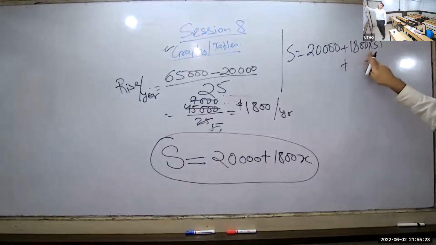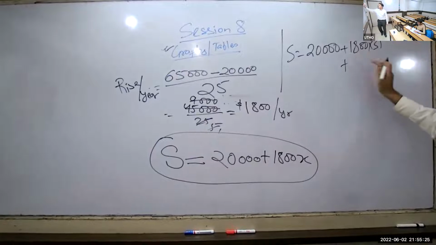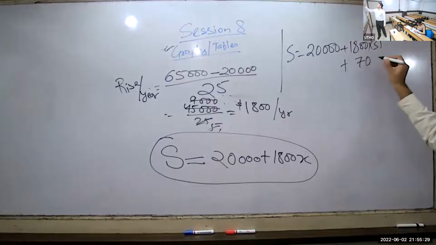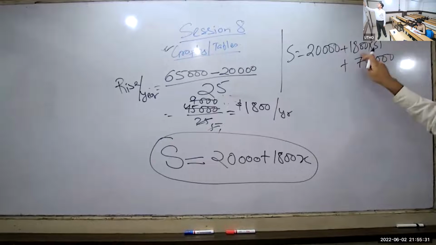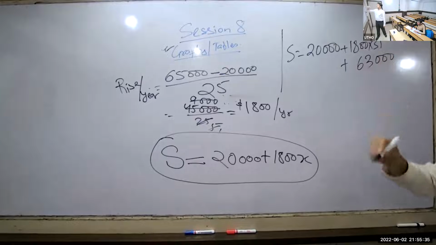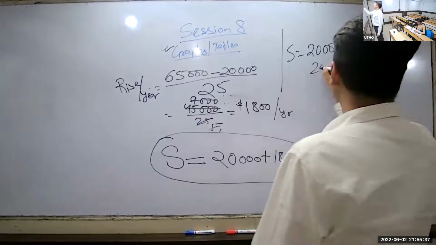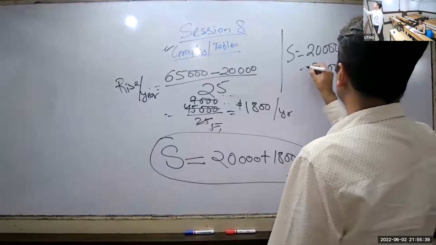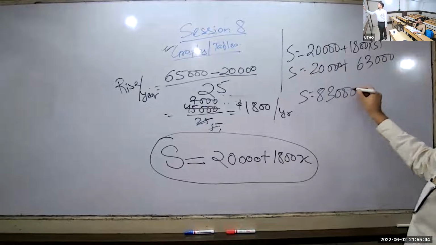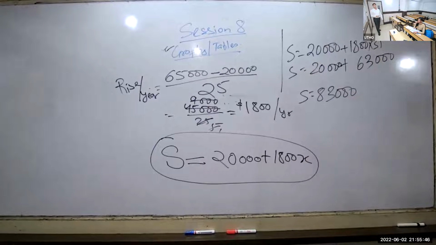So 1,800, if this were $2,000, this would have been 2 into 35, 70,000. But it is 63,000. $63,000 will come absolutely, plus $20,000 which was his starting salary anyway. So final salary after 35 years will be $83,000.